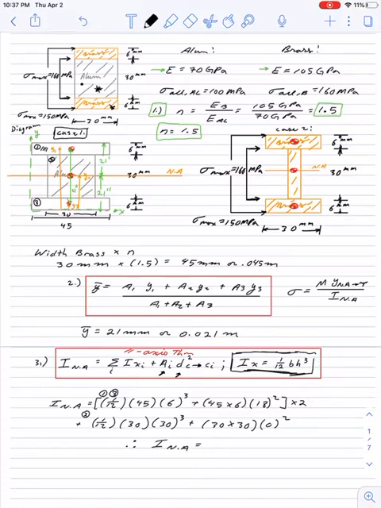So that means that we are going to have 244,080, and we were dealing with millimeters to the fourth.